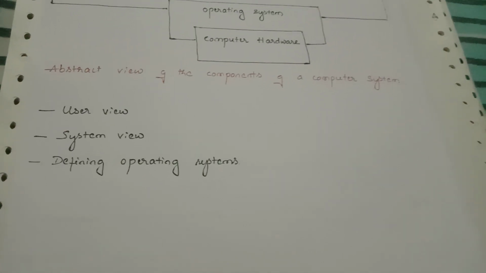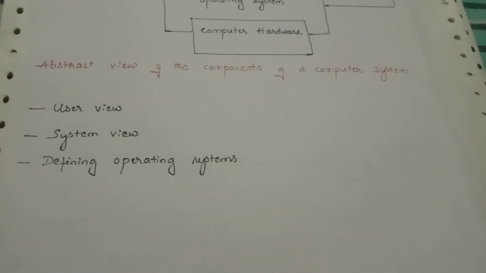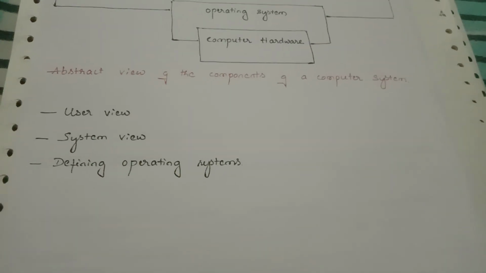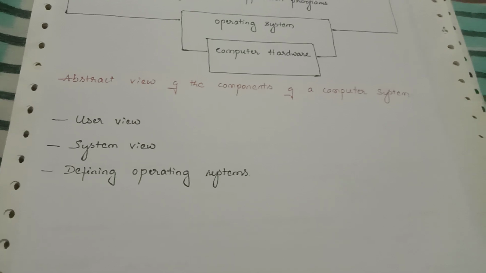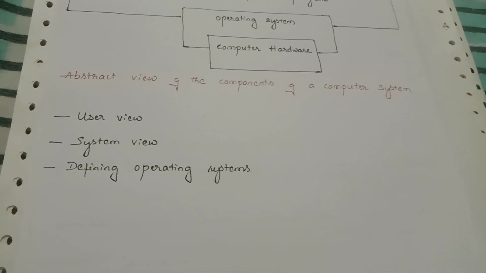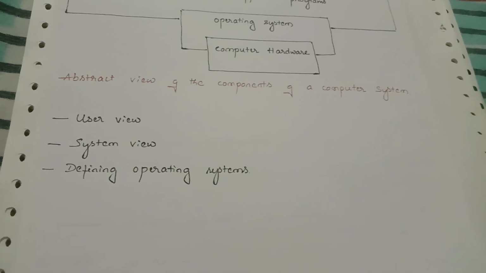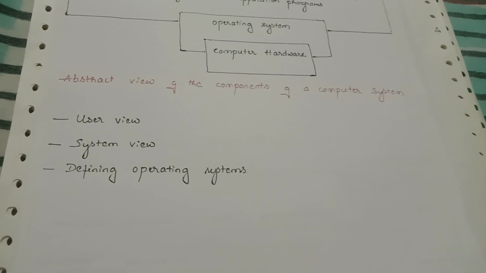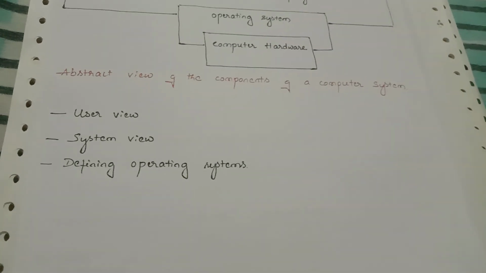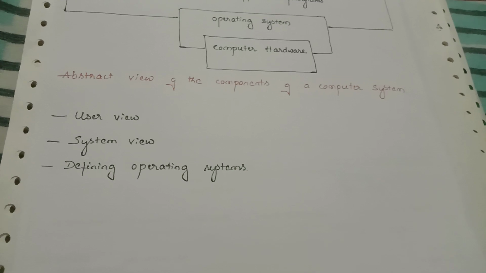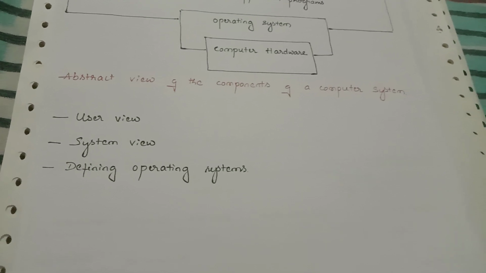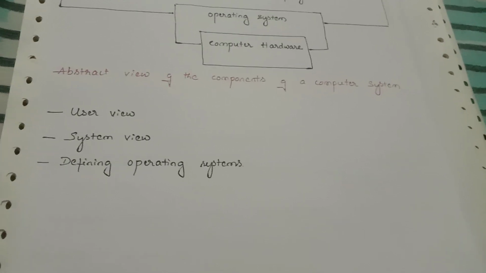Coming to the other case, when a user sits at a workstation connected to a network of other workstations and servers, these users have dedicated resources at their disposal, but they also share resources such as networking, file servers, compute servers, and printer servers.